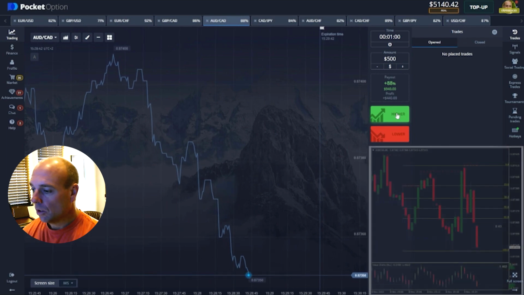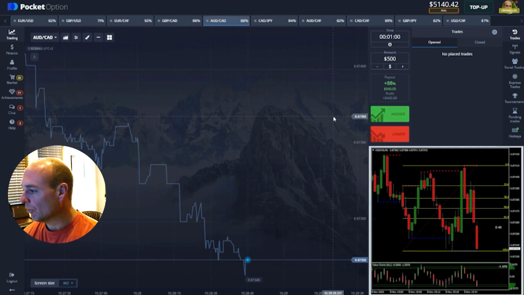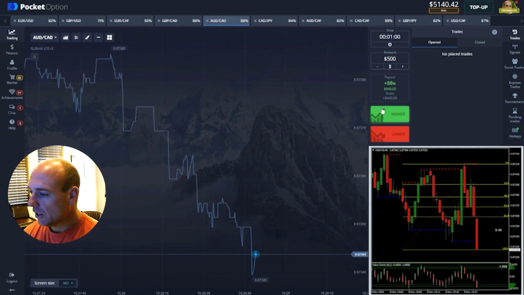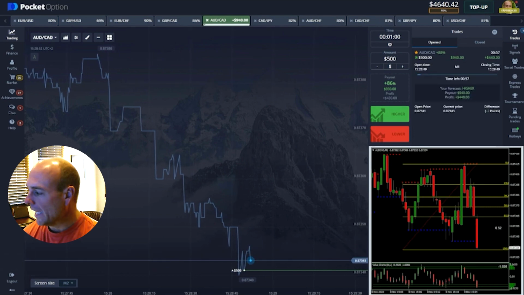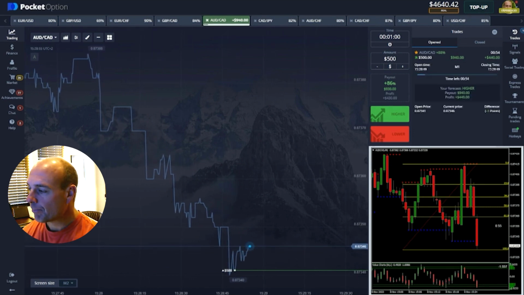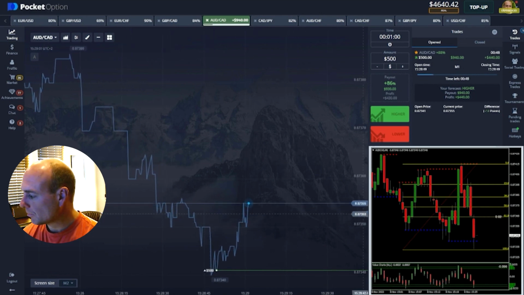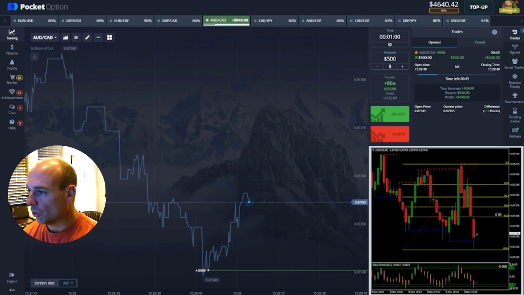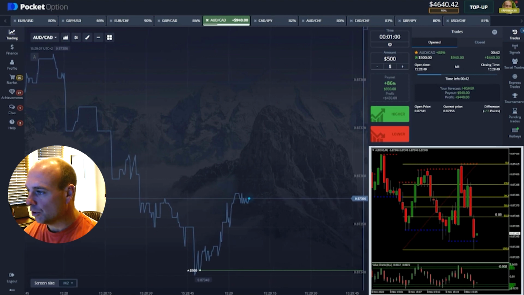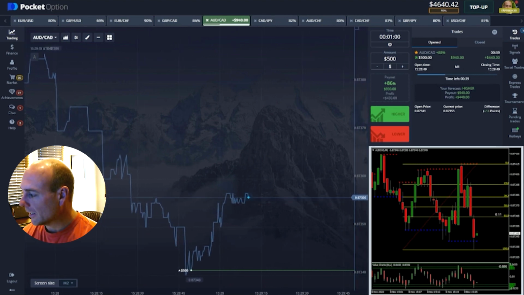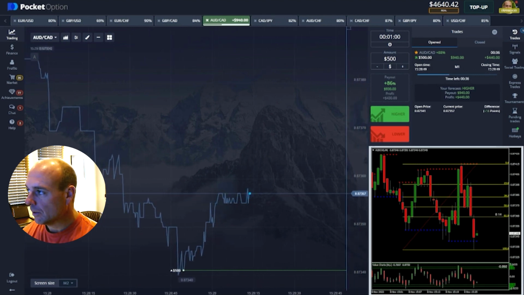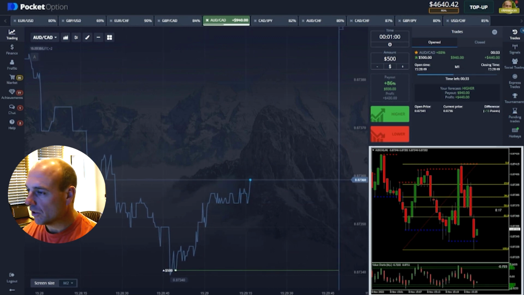So now we're looking at Aussie CAD for the same thing. Aussie CAD coming down to a very nice support. I do take it at the bottom. It actually wicks through that support level, but it was very, very oversold on the value chart, over -2, I believe. And so the likelihood of it sustaining that move was not very high.